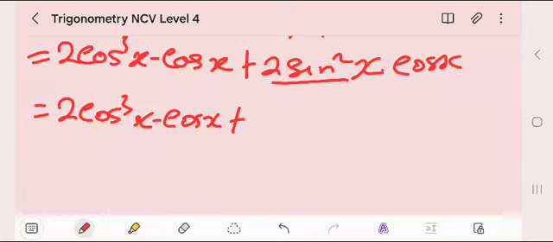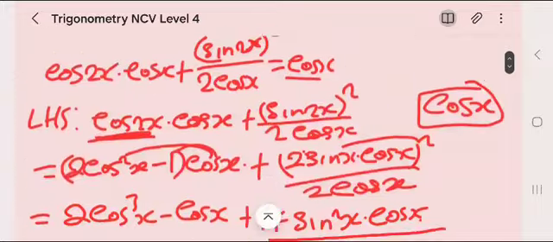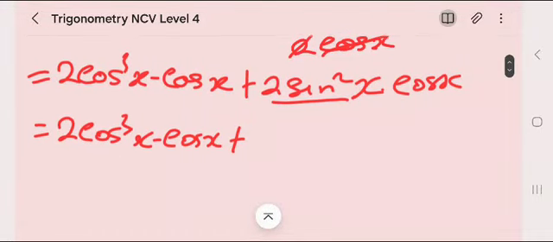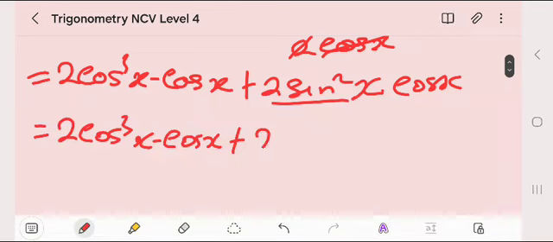I want to remove this because I want to prove cos, guys. I must try by all means to eliminate sine. I don't want anything that has sine. If you want to prove this equal to cos, I don't want to see sine. So we have to change this.